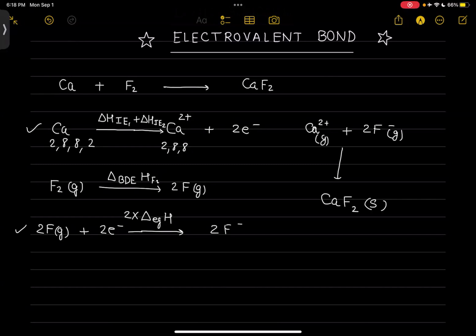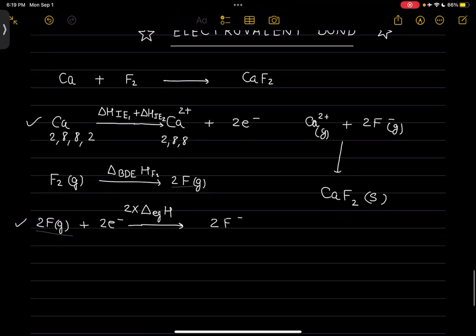And because these are cations and anions, when they combine together, a lot of energy is going to get released. Is it clear or not?